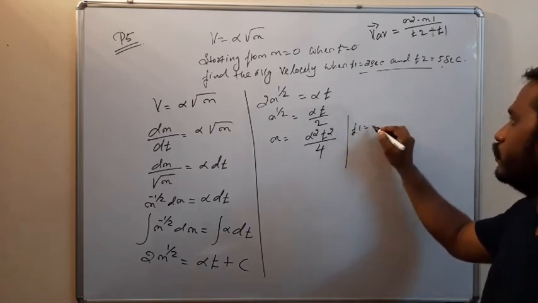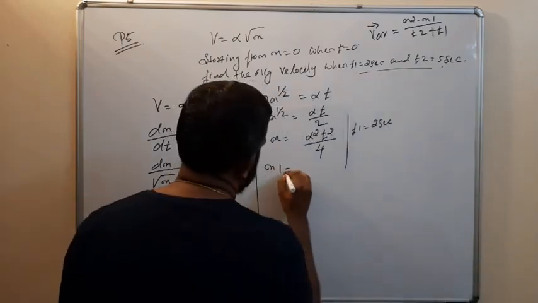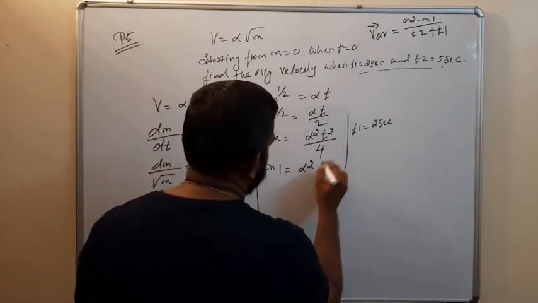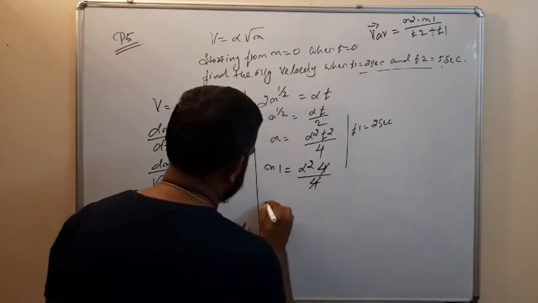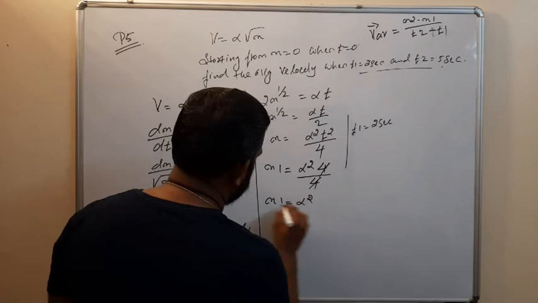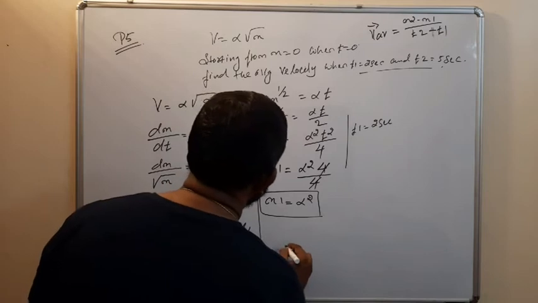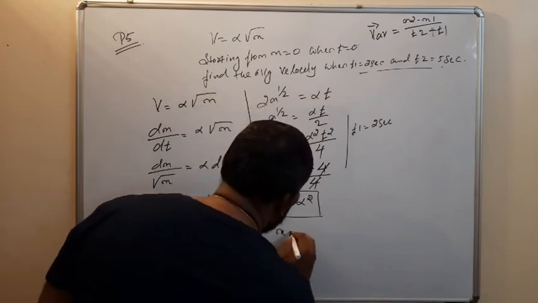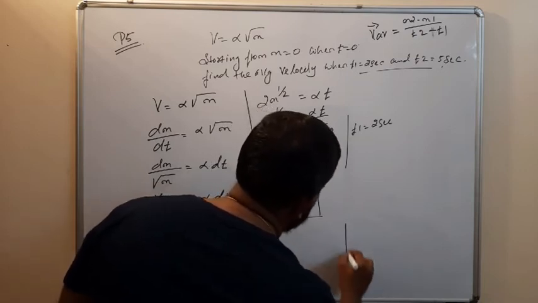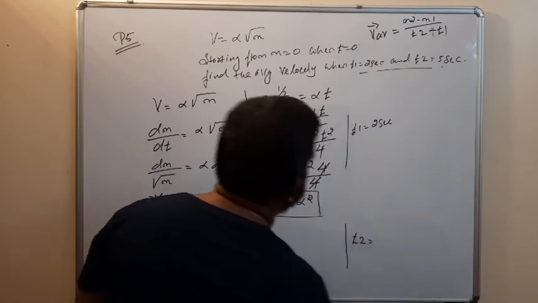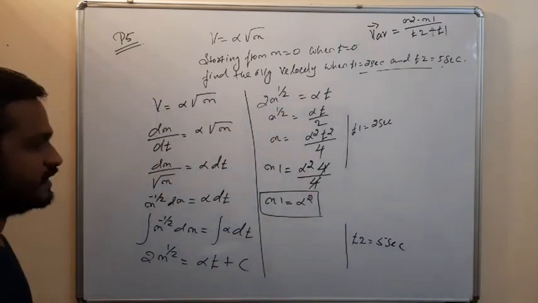When t1 is equal to 2 seconds, we will get x1 is equal to alpha square t square by 4, that is 2 square, that is 4 divided by 4. 4 gets cancelled. So x1 is equal to alpha square. The next case, time t2 is equal to 5 seconds.